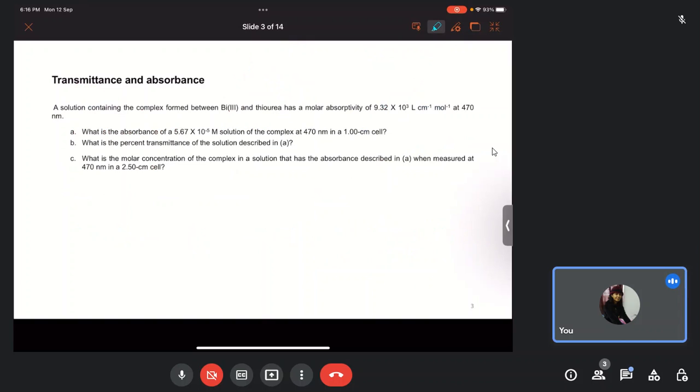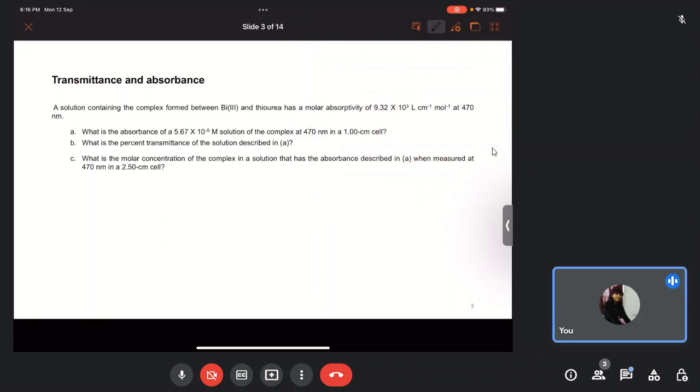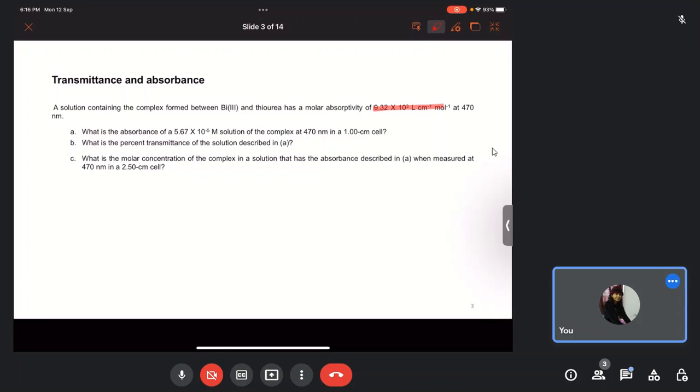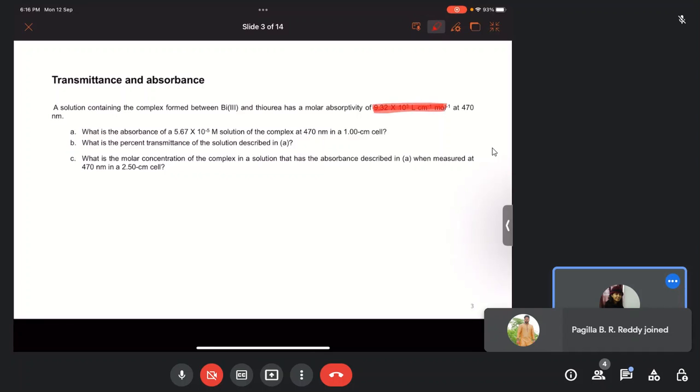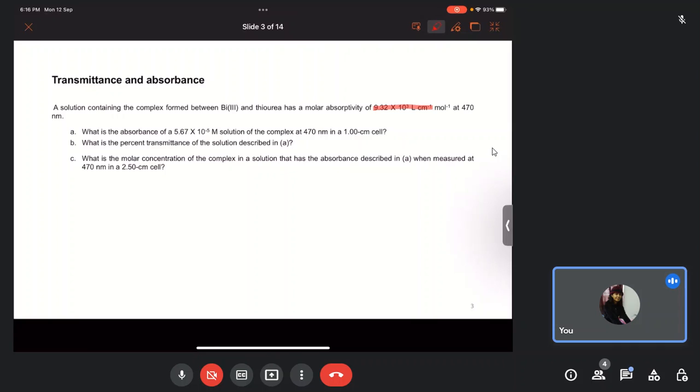The second question in this part is about a solution containing the complex of bismuth and thiourea, and it has a molar absorptivity coefficient of 9.32 into 10 to the power 3 liter centimeter inverse mole inverse, calculated at a wavelength of 470 nanometer.